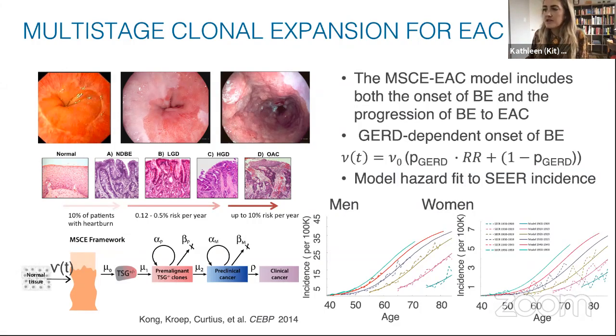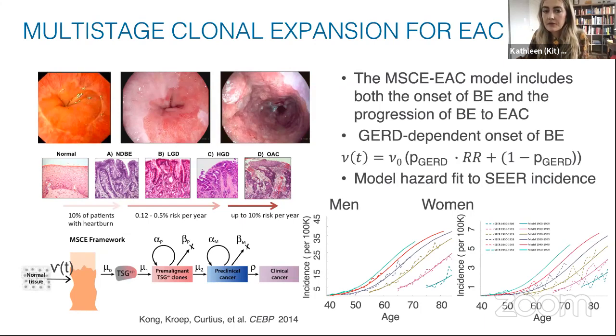Kit, sorry, why is there such a big difference between men and women? It's a really big question. They don't know, but they really think it's something biological, that the rates of these initiations and growth are different between men and women. There's some sort of sex-based difference there, but it's not exactly known. Are your parameters different for men and women then? Yes.